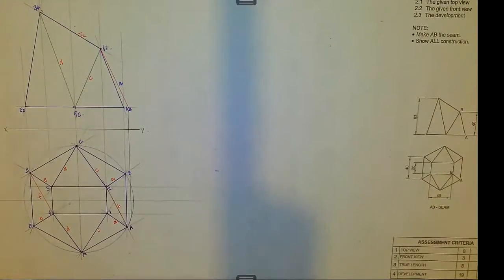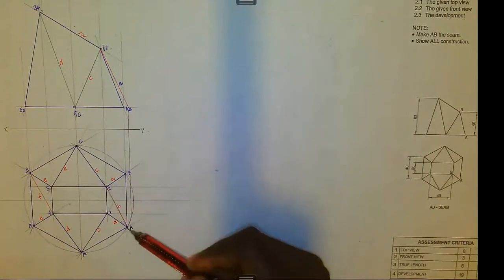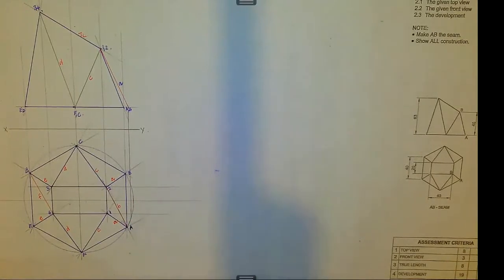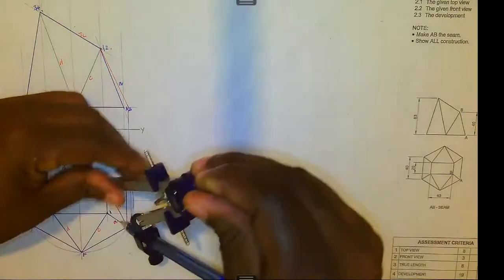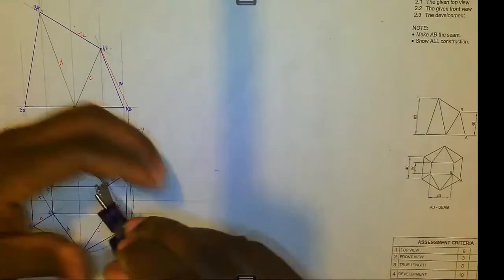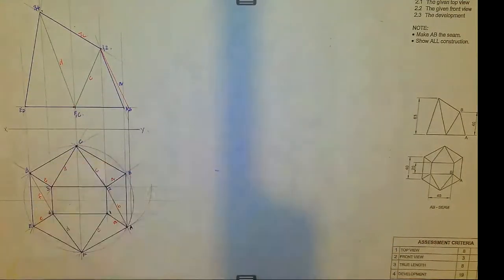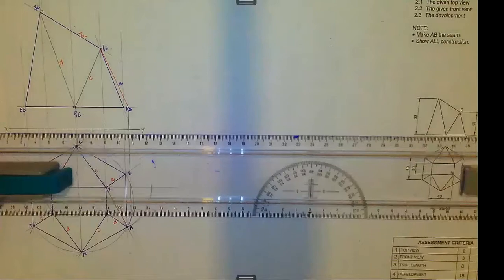Right, the other line that I require is this one, 2 to A. Okay, right, I'm going to stand at point 2 again, and describe an arc like that. Once we have done that, so let me extend.